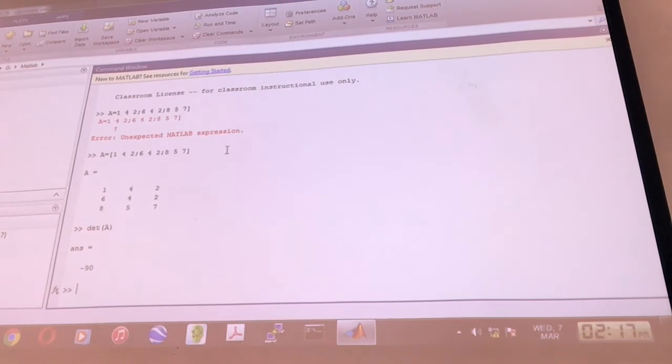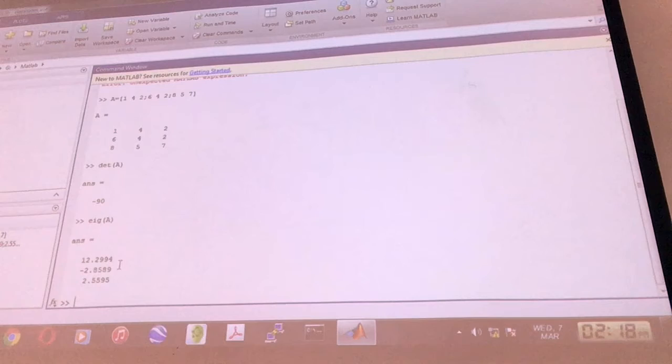If I wanted to find the eigenvalues associated with this, I would just type eig(A), and that will give me my three eigenvalues, one for each row.